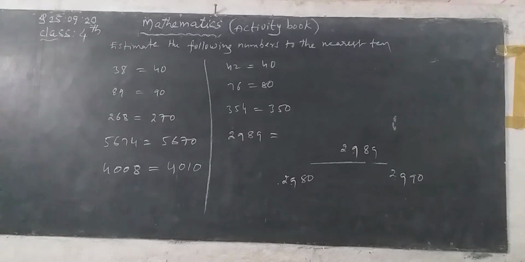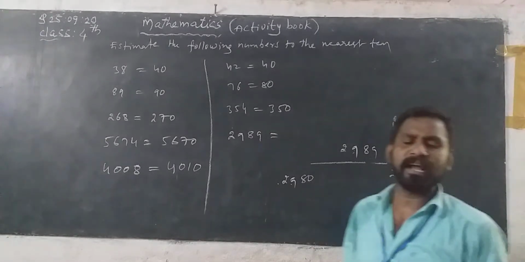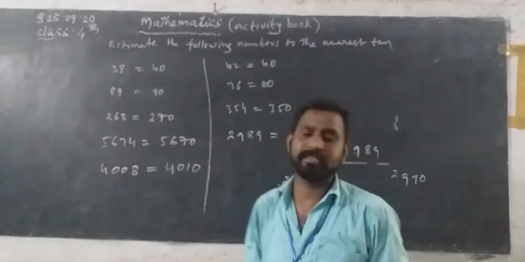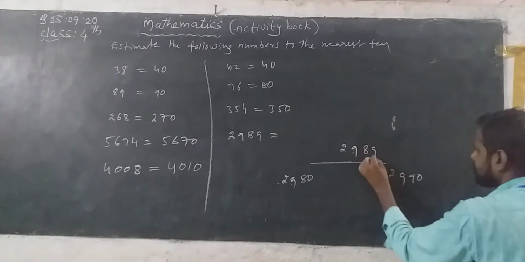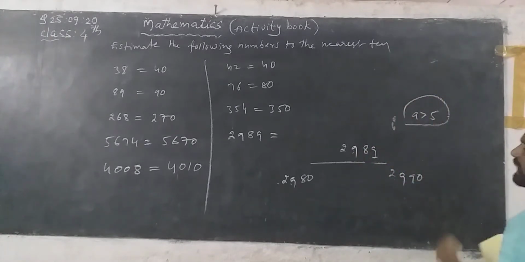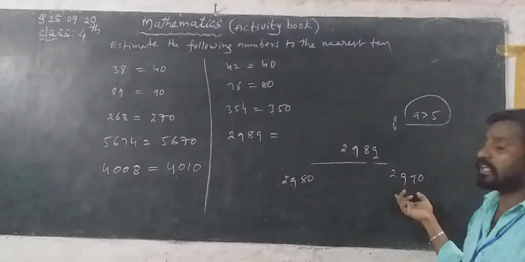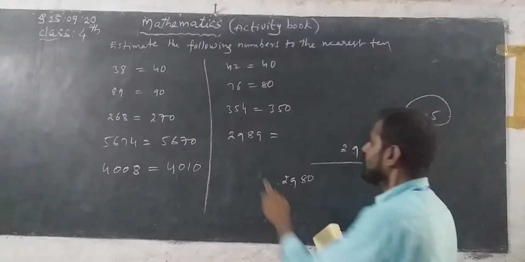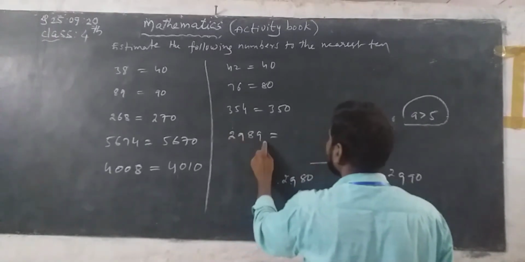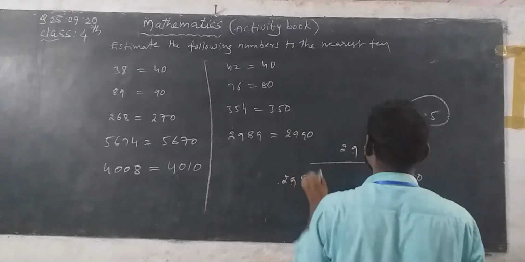See here, when we round the number to the nearest tens, you compare the digit in the ones place. So the ones place digit is 9. 9 is greater than 5, then you have to take the next tens. Next tens means 2990. So 2989 is rounded off to 2990.